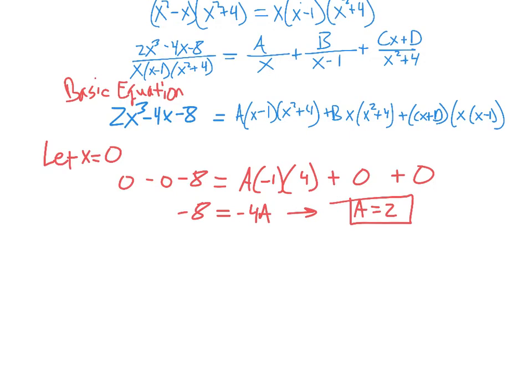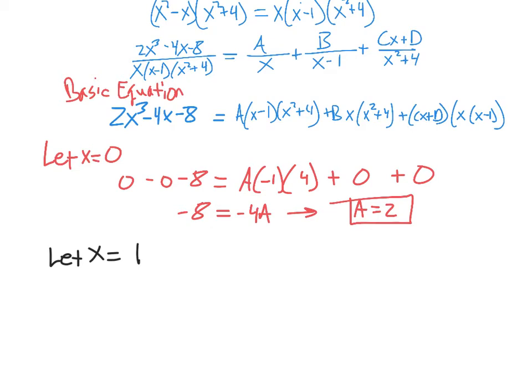Okay, so let's choose, how about let x equal, well, what's going to make these guys go away? See, x minus 1 is here, x minus 1 is here, but there's no x minus 1 here. Okay, so let x equals 1.